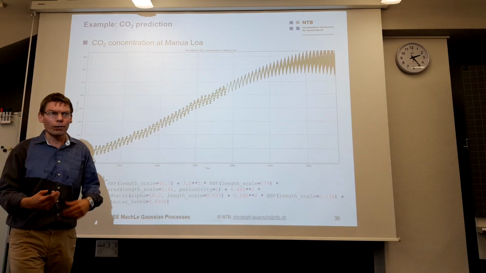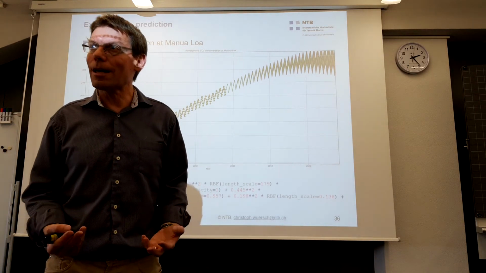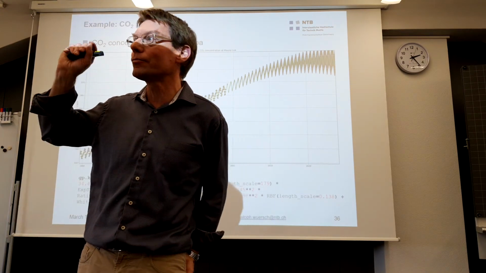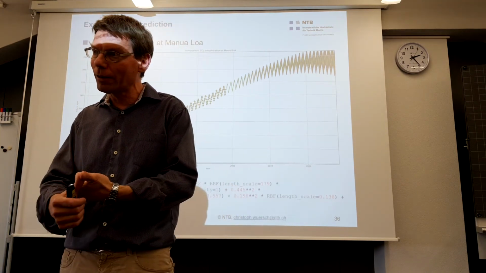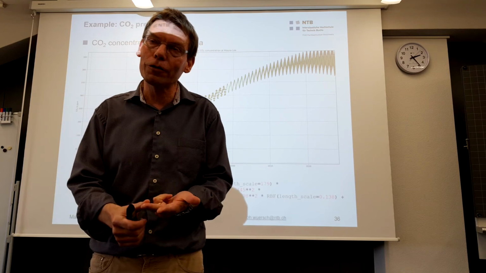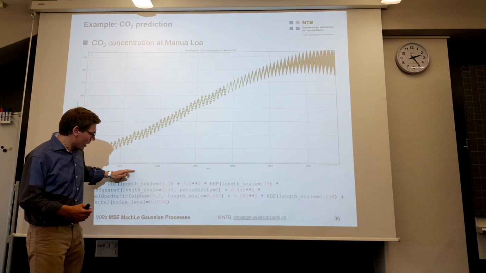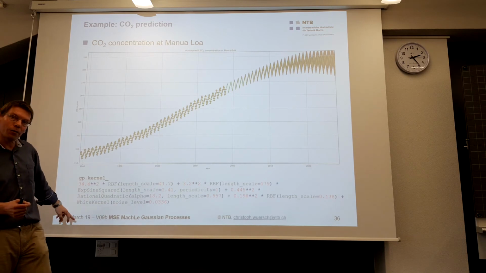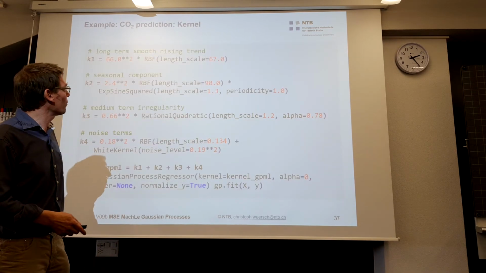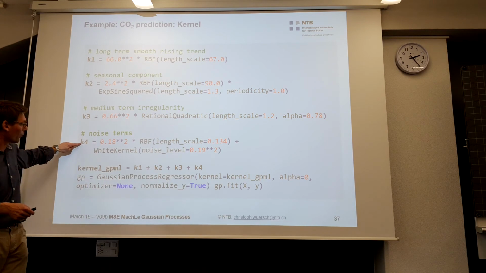He puts these all together and says, this is actually what I know from physics, for example. We have a periodic thing, we have white noise, we have Gaussian noise, all this. Periodicity could also vary a little bit. And he puts this total kernel together. So he says k is k1 plus k2 plus k3 plus k4.